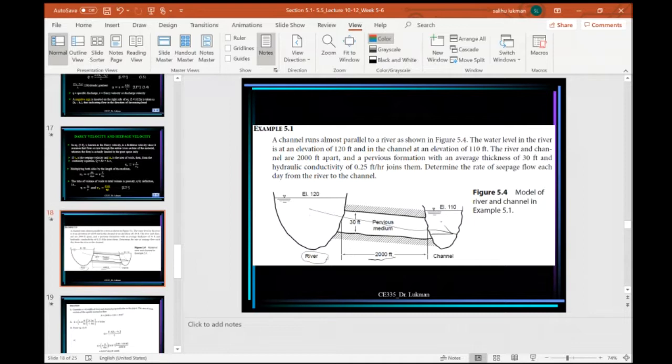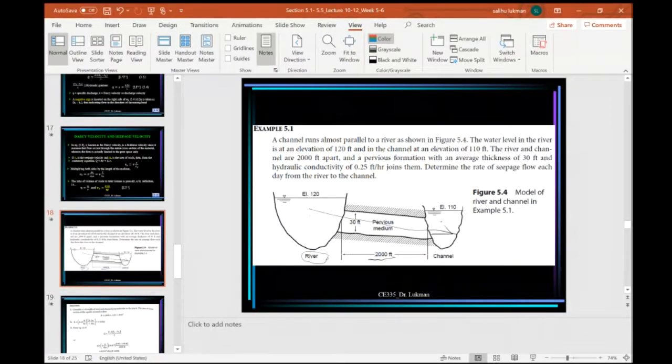Simply here, we consider a width of 1 foot, that is the width of the river channel perpendicular to the paper.